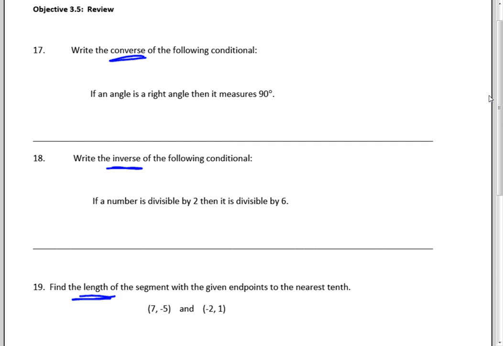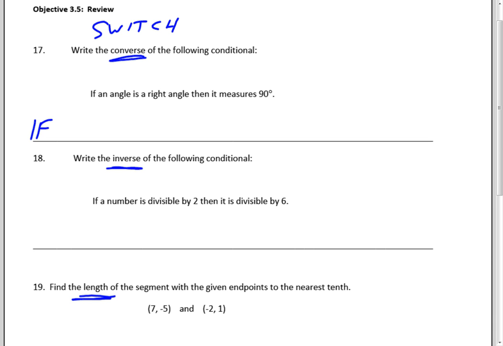What does converse mean? What's the action I'm going to take? What should I be doing to this statement? Switch. Notice that I'm only going to be switching the main idea. The noun, the subject, whatever you want to call it, I don't have to move.